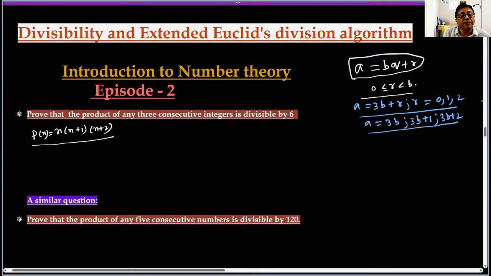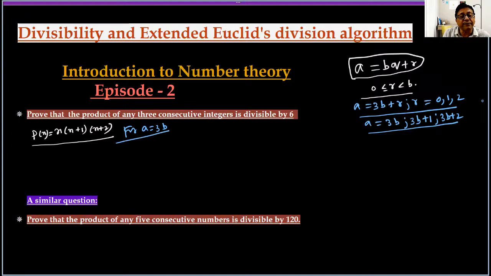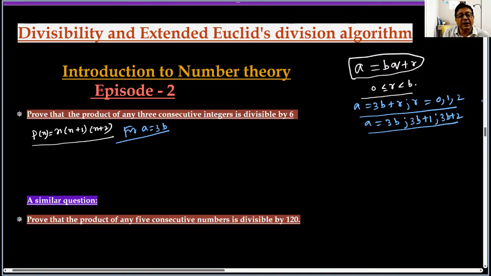What will happen for a equal to 3b? Then this product Pn becomes 3b, 3b plus 1, 3b plus 2.